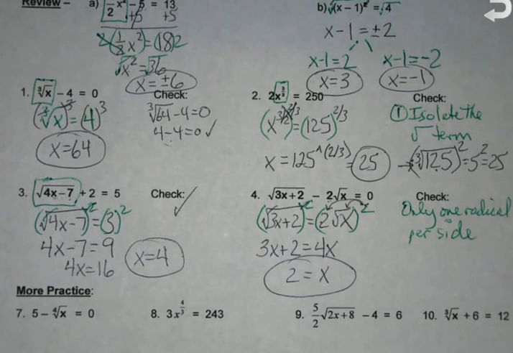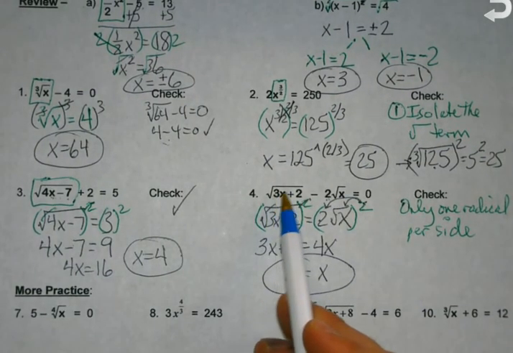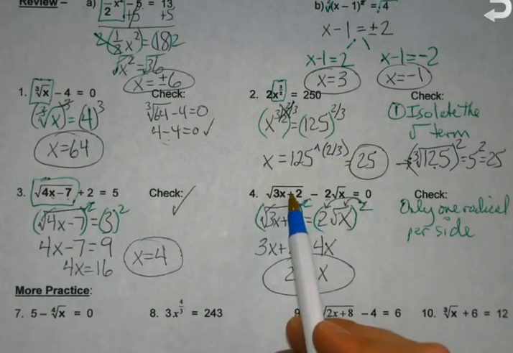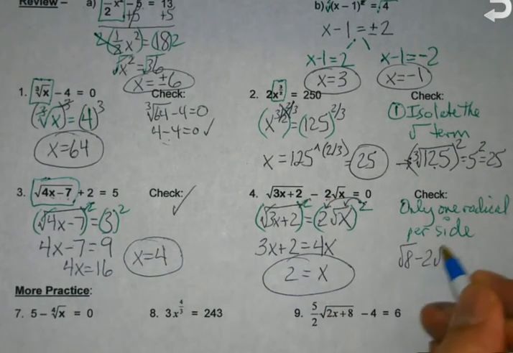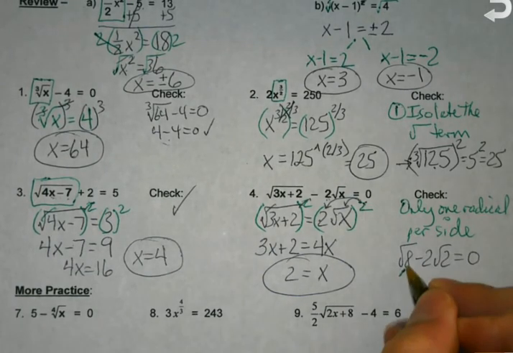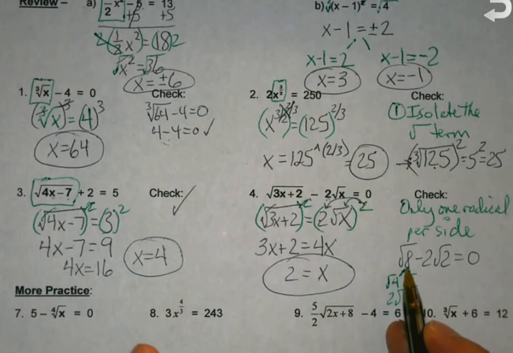And say, okay, let's see. 3 times 2 is 6. 6 plus 2 is 8. Square root of 8, and you're thinking, come back to that. And then you're like, okay, 2 square root of 2. I'm not sure this one works. It does, whether you know how to break down a radical to get here, or you just punch these in your calculator, like square root of 8 is 2.82 something, something, something.